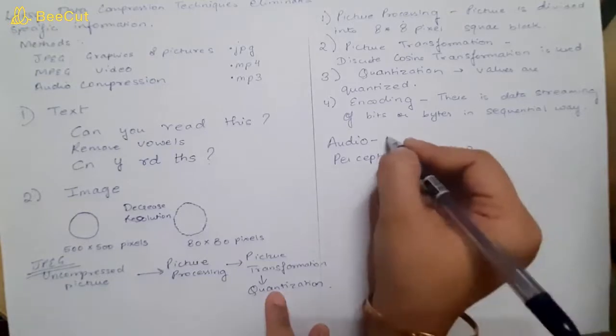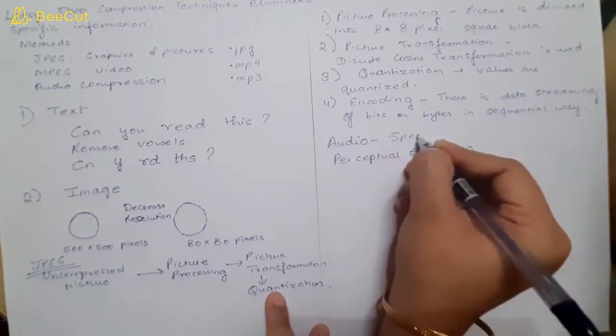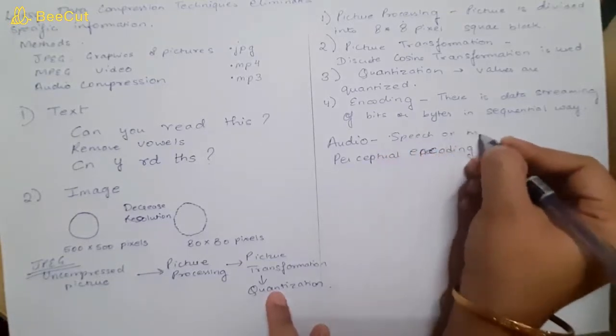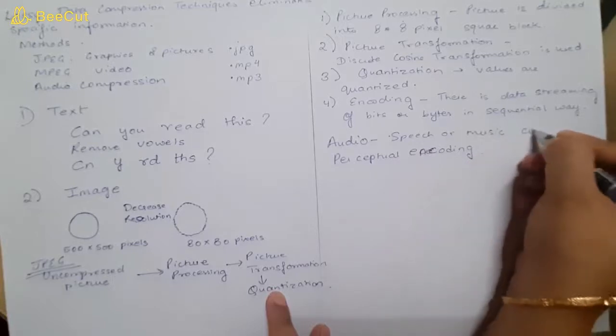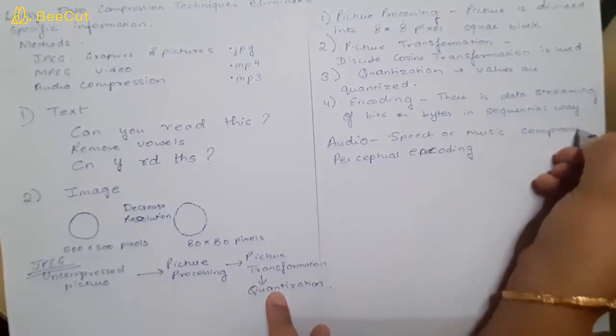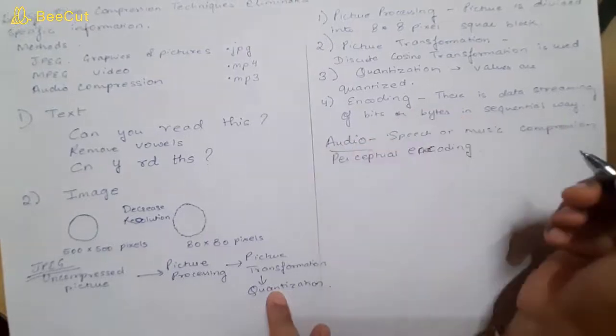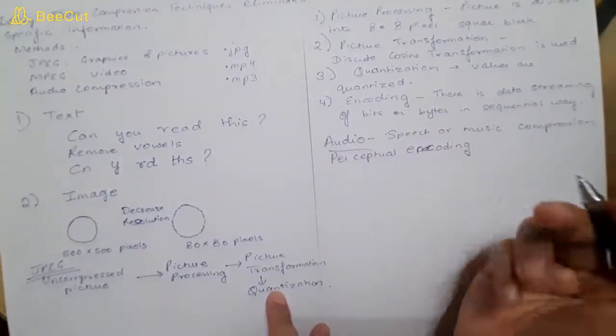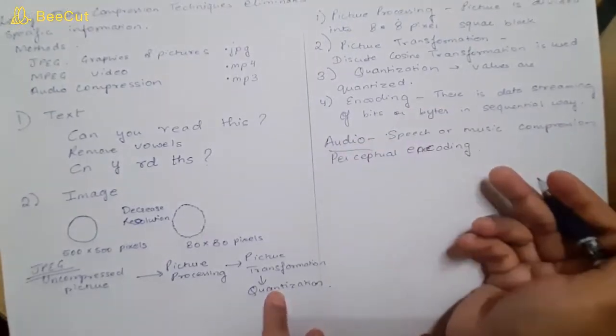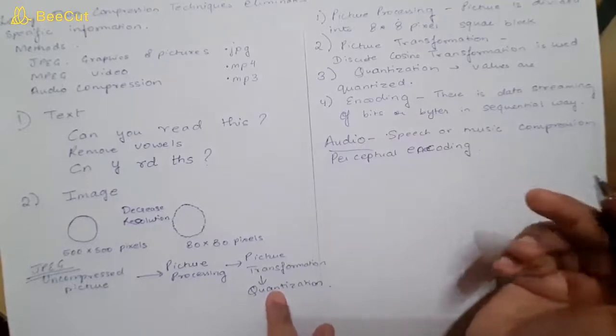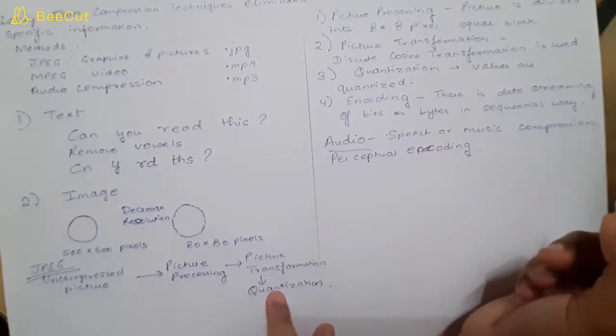Audio compression is basically used to compress speech or music. The method we are discussing is the perceptual encoding method for audio compression. We can do it by removing information not perceived by most people.